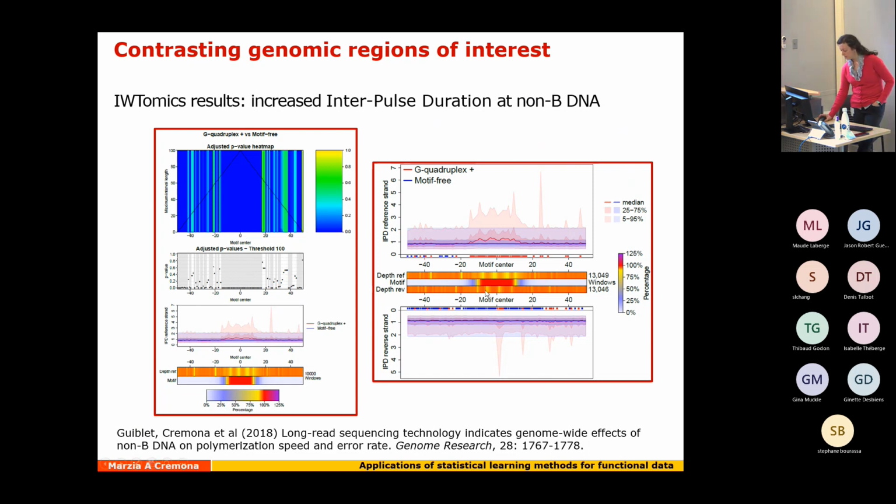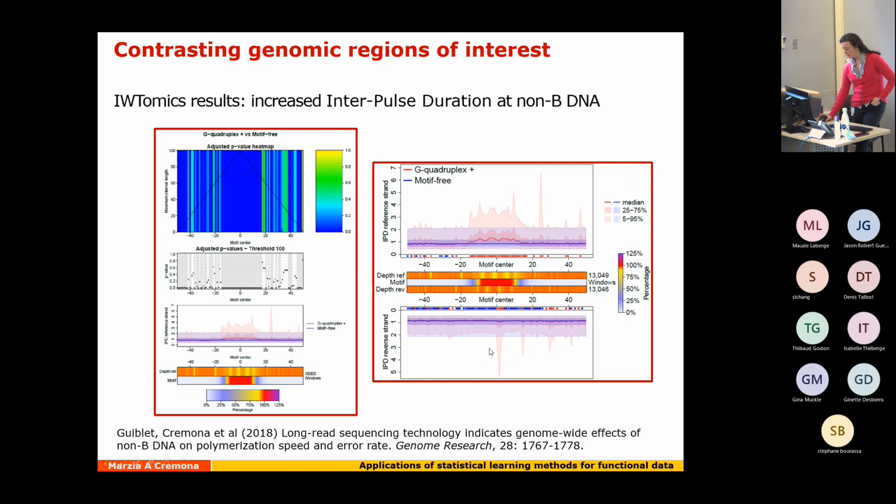And here in the middle, we see where these motifs are. These motifs have different lengths, so we basically align them so that their center is at the middle of this window. So in the middle, we have a lot of G quadruplex, and then here we only have some, so the longer ones are still here.